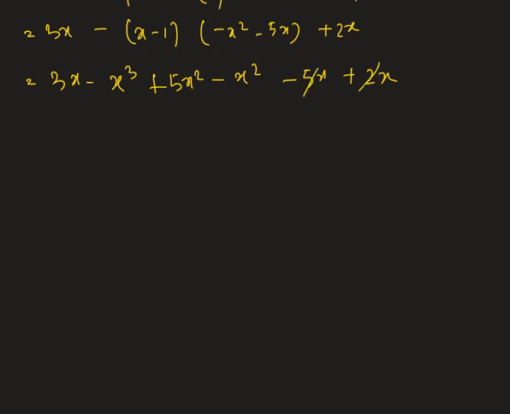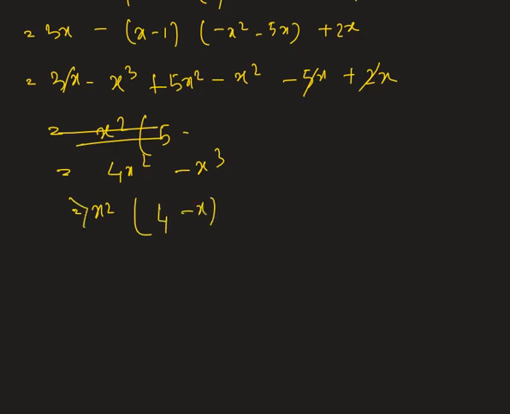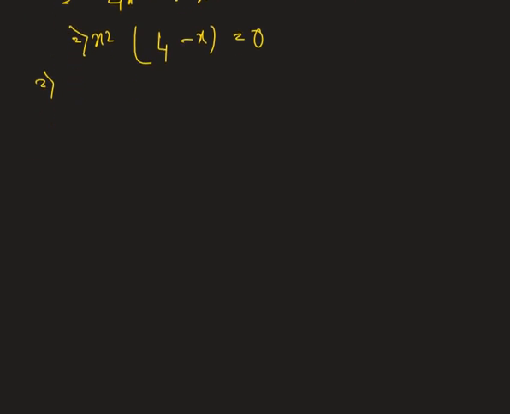These are going to be cancelled, and after taking x squared common, it is 4x squared minus x cube, that is x squared times 4 minus x, and it is equal to 0, as we have been told that the matrix is a singular matrix. Therefore x has the values 0 and 4.